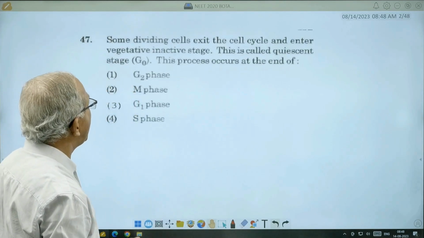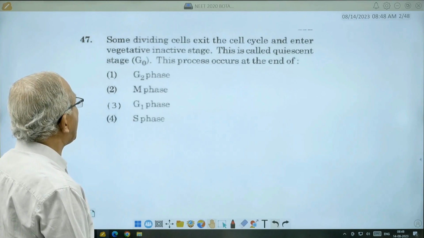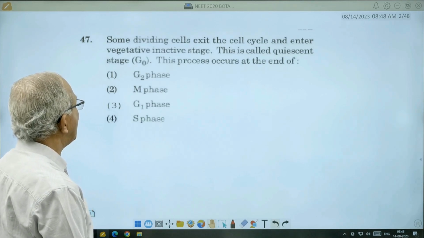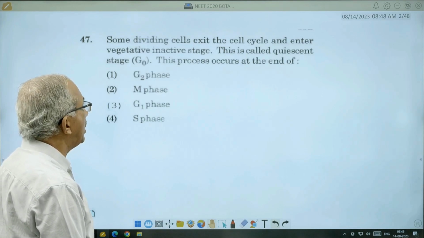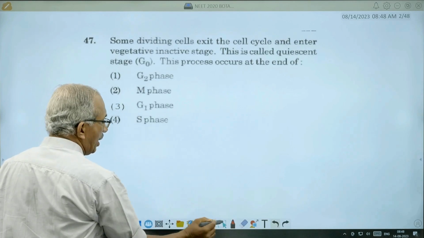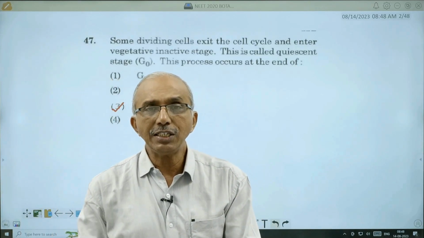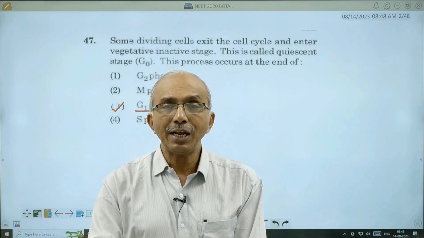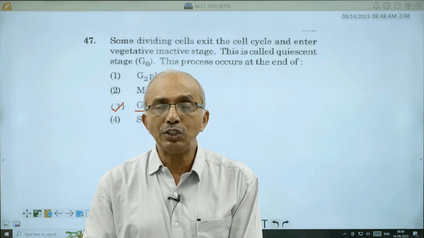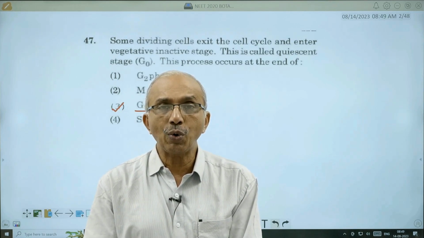Some dividing cells exit the cell cycle and enter a vegetative inactive phase. This is called the quiescent stage, G0. This process occurs at the end of G1 phase. That is, the cells which prefer to enter G0 phase quit the cell cycle at the end of G1 and enter a quiescent stage known as G0 phase.